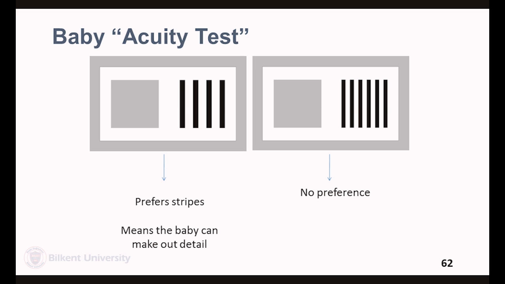This is the baby acuity test, and for example, it's looking to see with what grade of detail the baby can see, because if the baby prefers these stripes over this, it means that the baby can make out the detail in this and may not be able to make the detail out in this too.